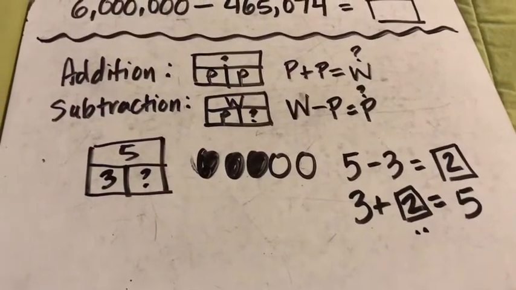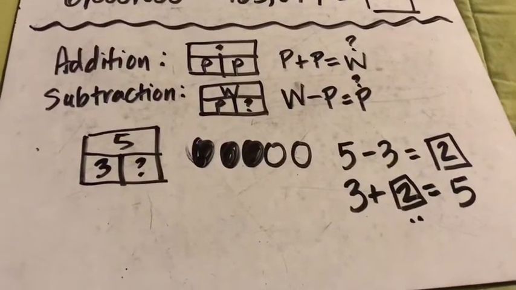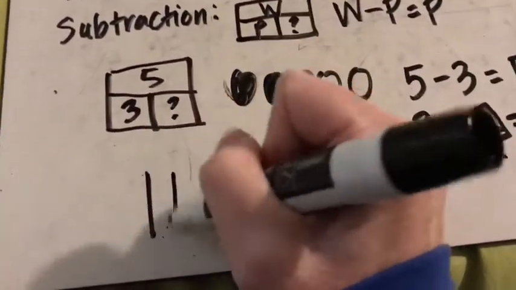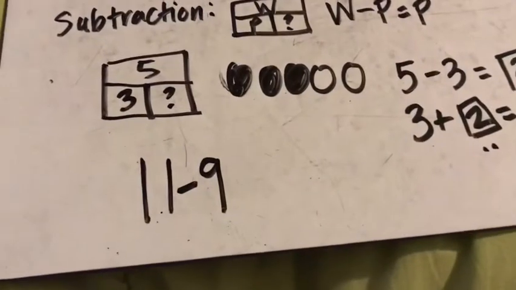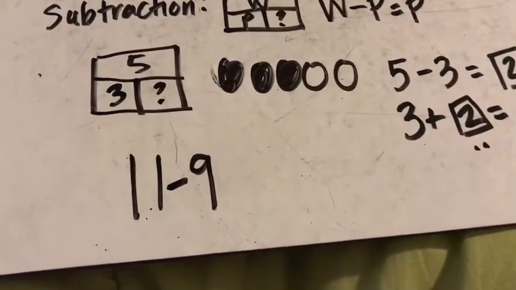And if I have a very good understanding of that, then when I start getting harder subtraction problems like 11 minus 9, which is a harder subtraction problem because I don't have 11 fingers, so it's harder to take 9 away.